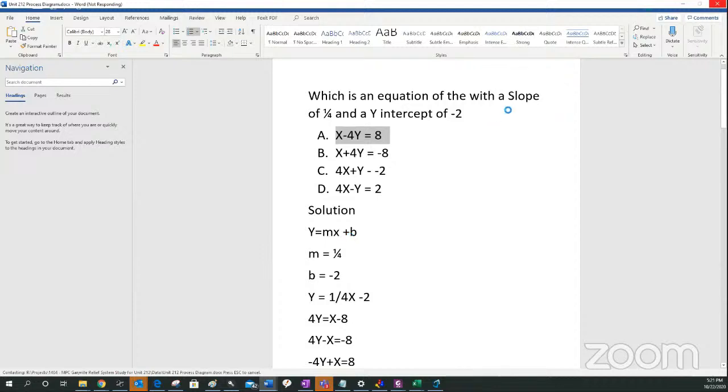So we know our slope is 1 over 4. And what is b? B is the y-intercept. Y-intercept means that the line passes through y where x is equal to 0. So that means that our b in this equation of the line is -2.